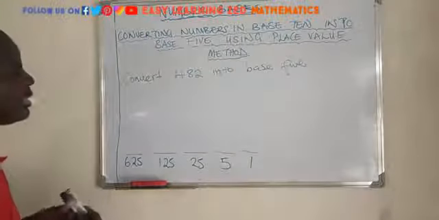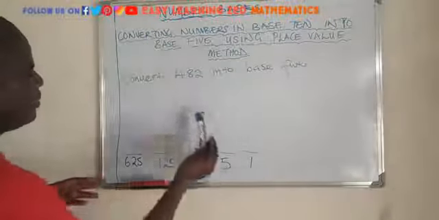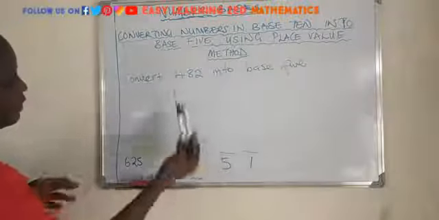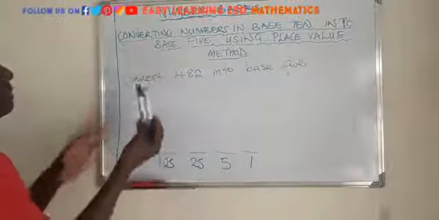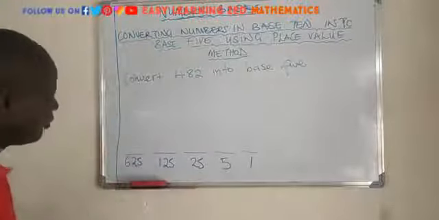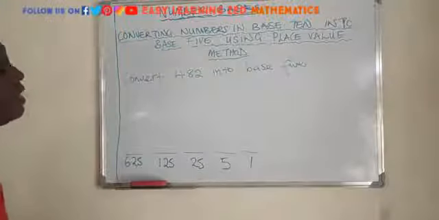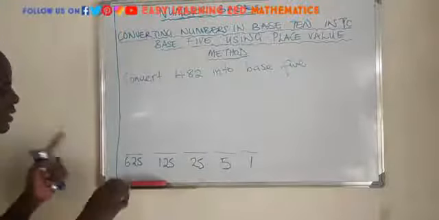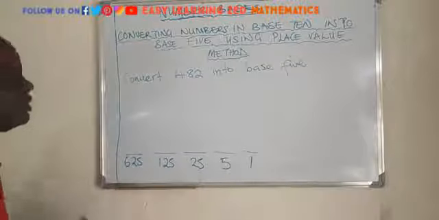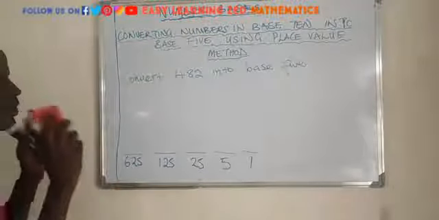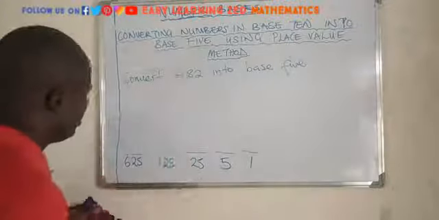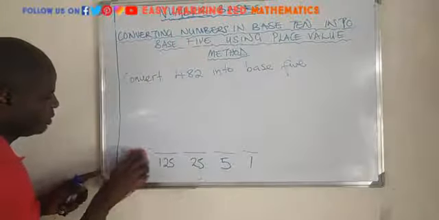So, as you can see, 1 is smaller than 482, and 5 is smaller, 25 is smaller, 125 is smaller, but 625 is bigger than 482. Therefore, 625 cannot be used because it's bigger than 482. So, I'm going to remove it.